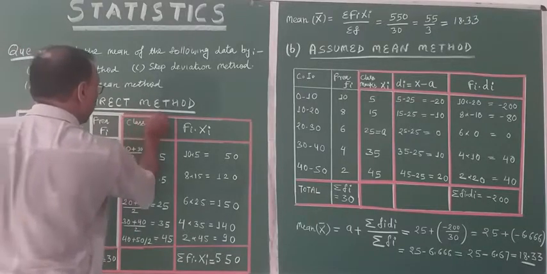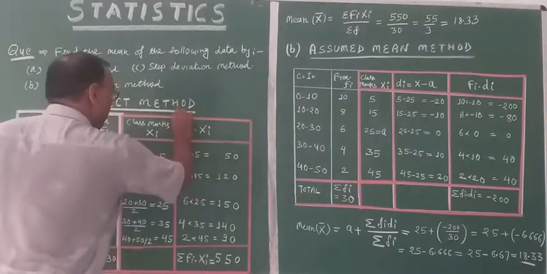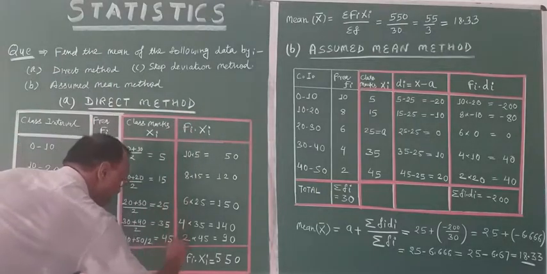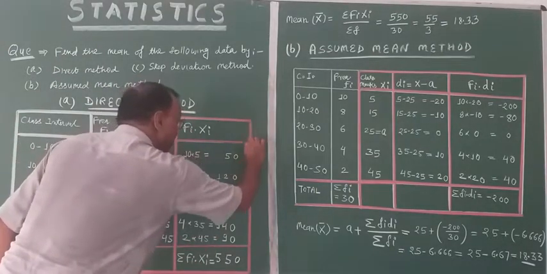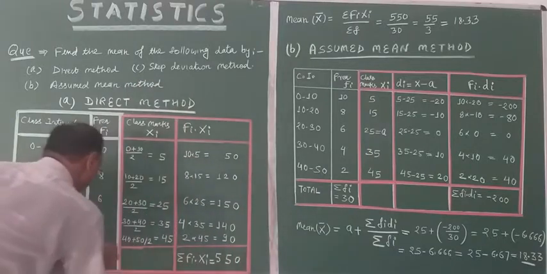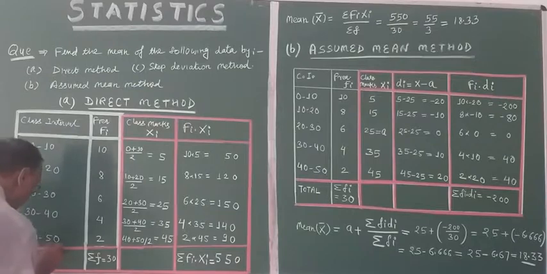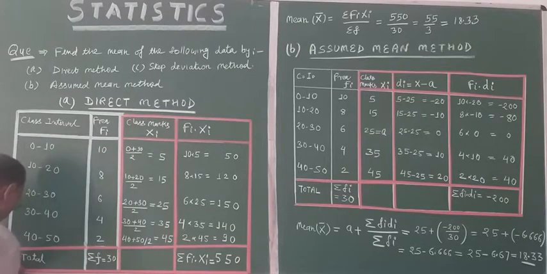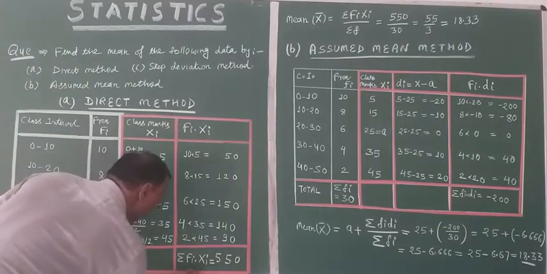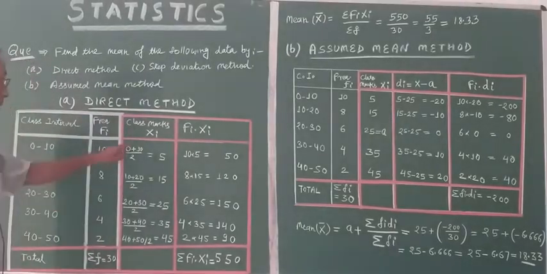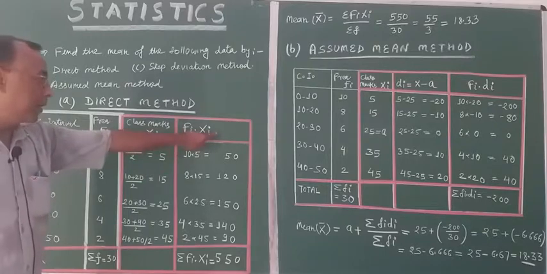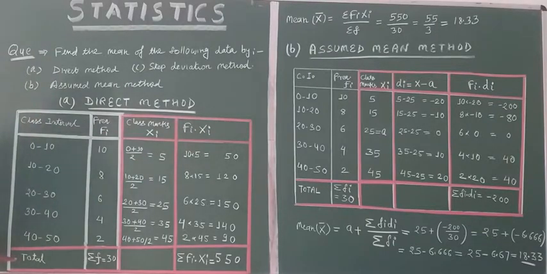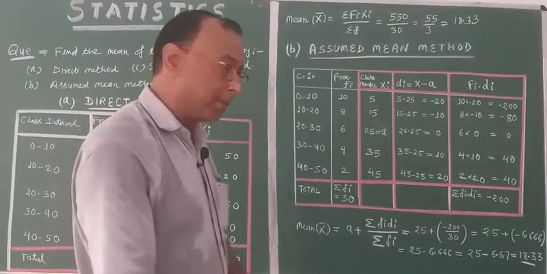All these red columns you have to make extra, and this row also. This column of class marks, this column of fi into xi, and this row where I have written total, this you have to make extra. ठीक है, ये आपको एक्स्ट्रा बनाना है.